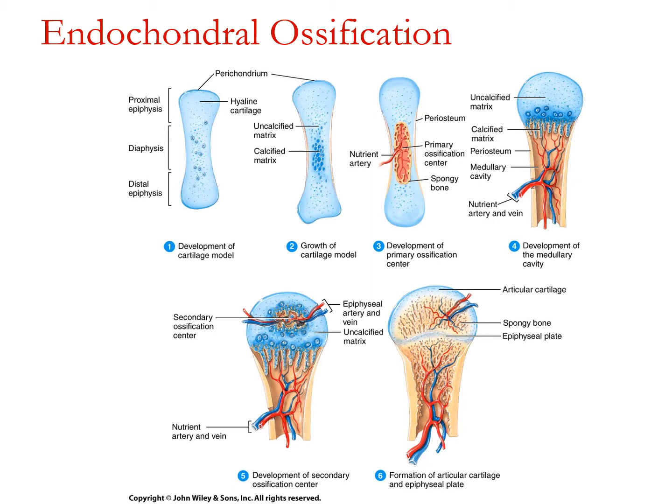And this epiphyseal plate of cartilage is important for long bone growth, as we'll see in future slides. So the diaphysis is converted mainly into compact bone, while the epiphyses develop spongy bone.